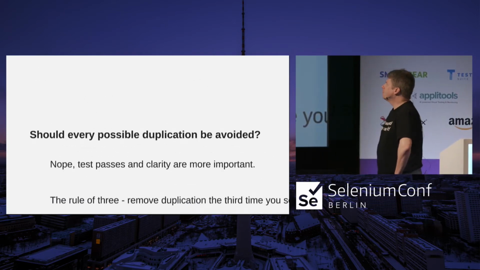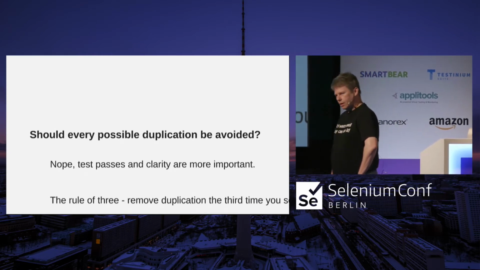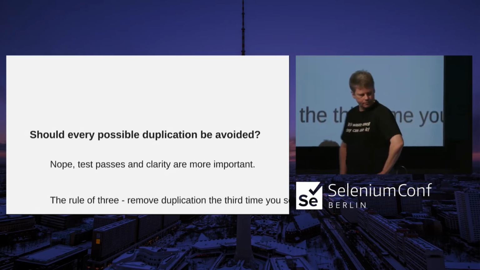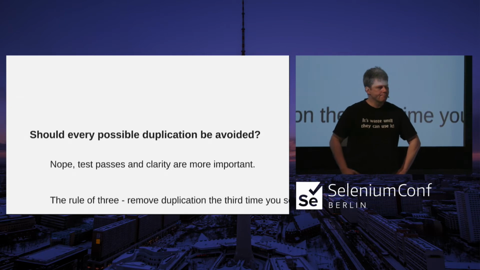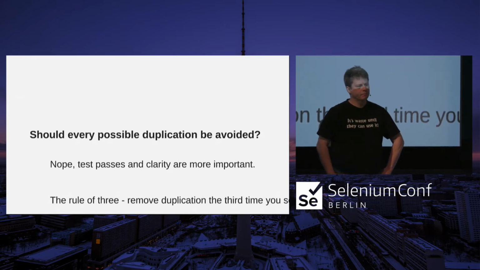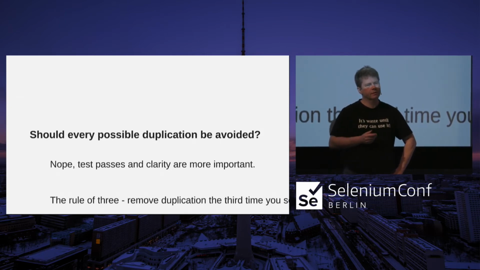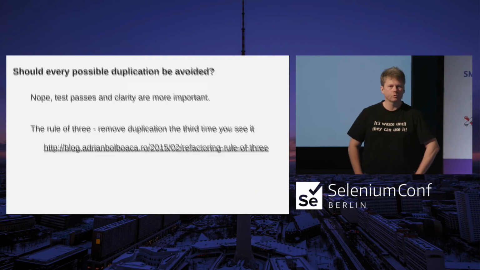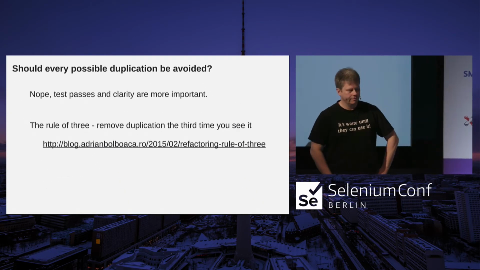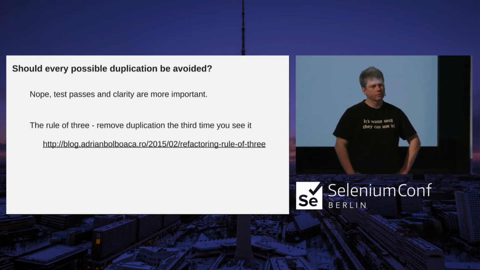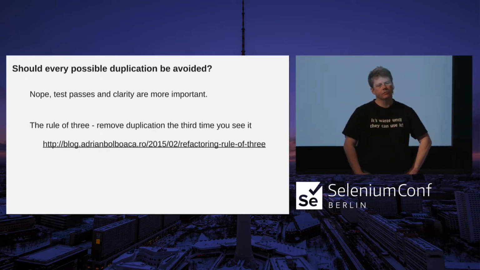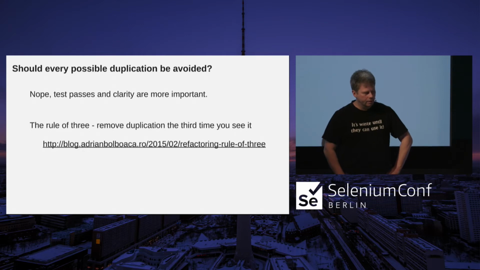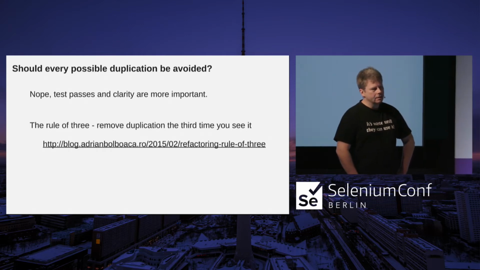Should every possible duplication be avoided? Well, it depends on what you think. But in my opinion, that test passes and that it's clear what we're doing, so clarity is more important. That's very, very important. And there's something called the rule of 3 that my friend Addy has written a little bit about.